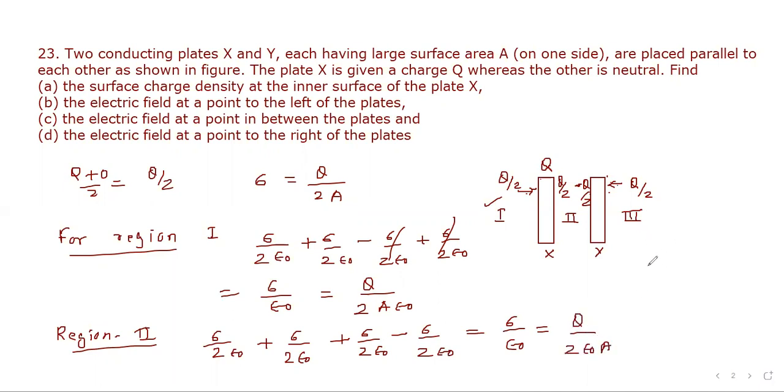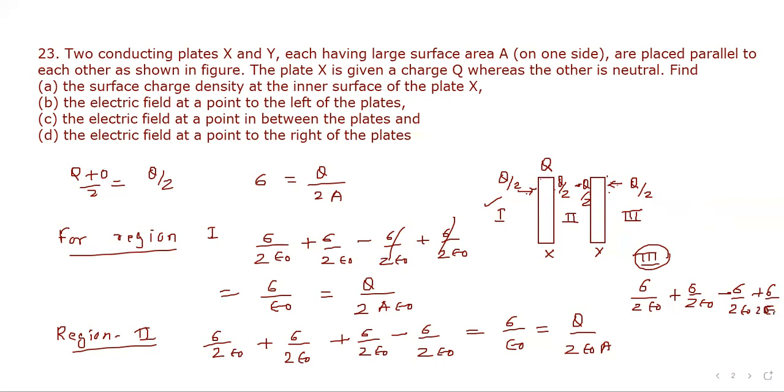Now consider region number 3. In region number 3, field due to this will be towards right, so sigma upon 2 epsilon naught, field due to this q by 2, it will be sigma upon 2 epsilon naught, and field due to this minus q by 2, it will be towards left, sigma upon 2 epsilon naught, and field due to this q by 2, it will be towards right, sigma upon 2 epsilon naught.